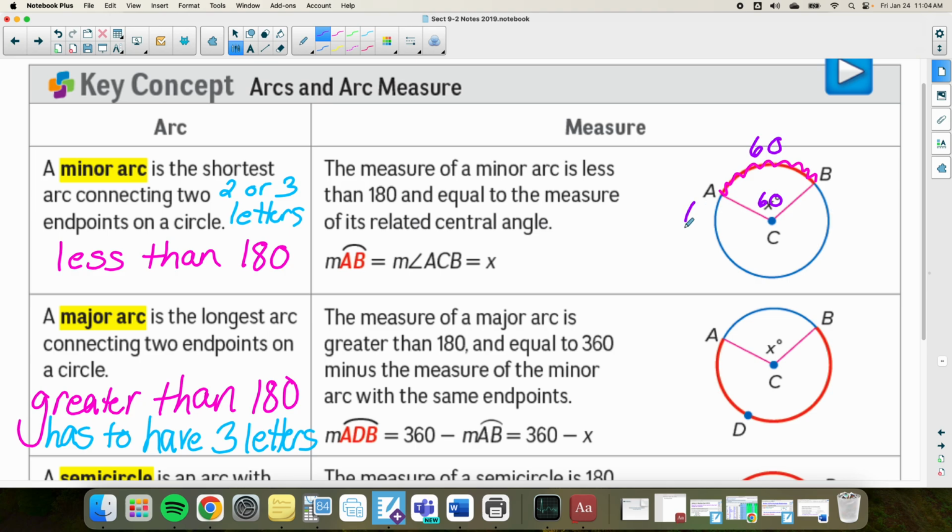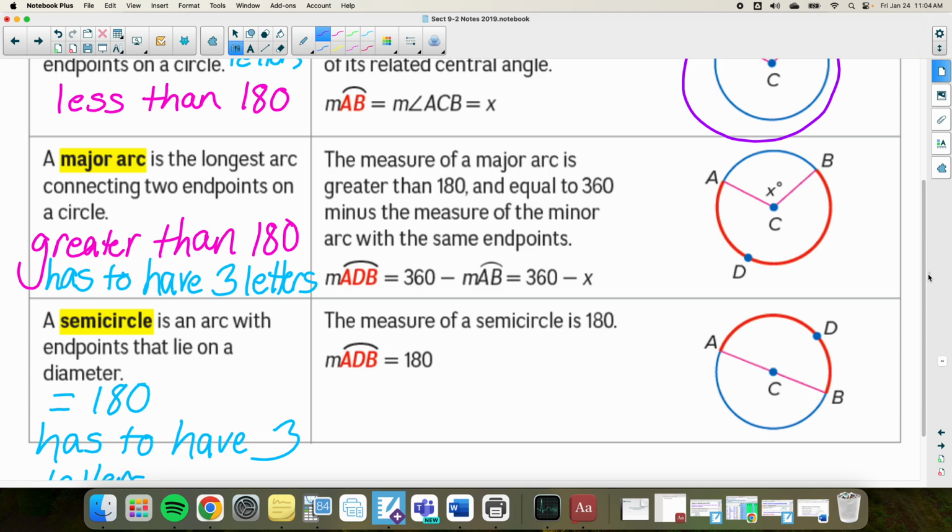How do you think we'd find the rest of this? 360 minus 60. So that's how you'd find the rest of it, okay? In a major arc, what's gonna happen is you have to have 3 letters, okay? So let me see if you guys understand this. If I said find the measure of arc AB, do they mean the blue arc or the red arc?